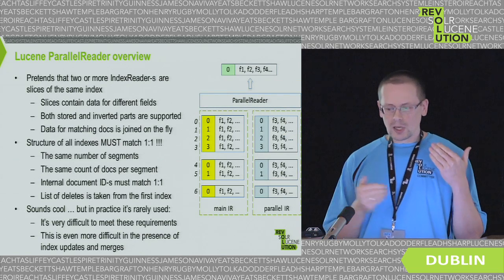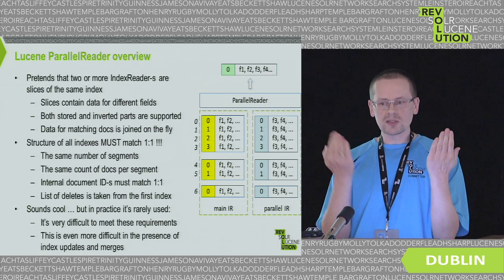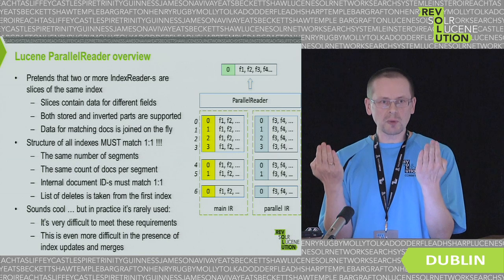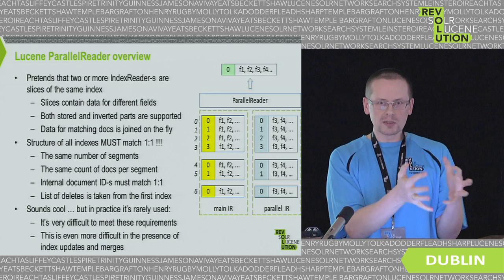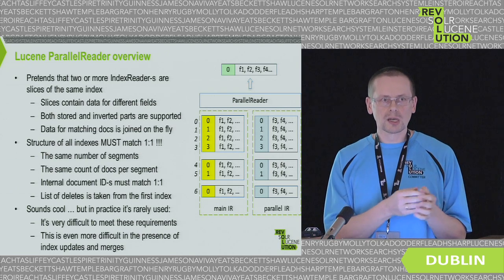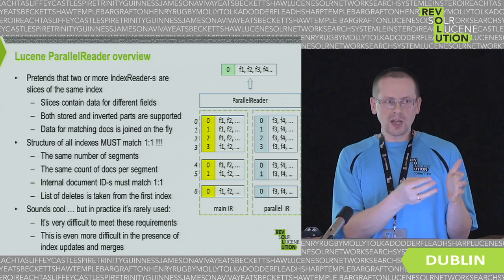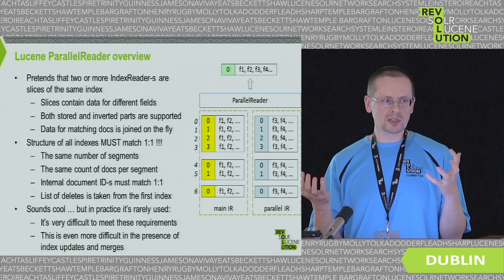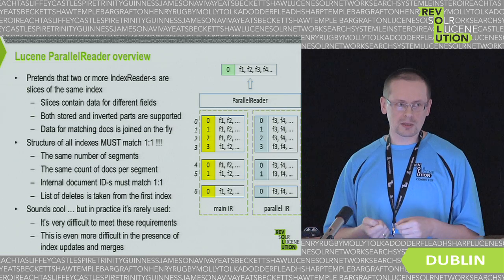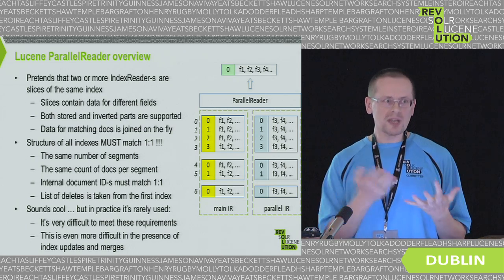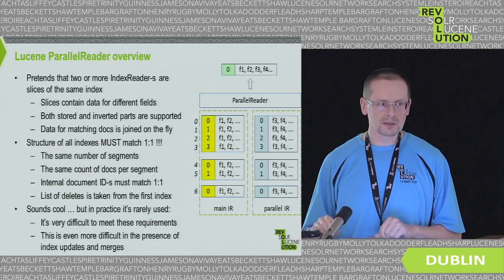Well, as you remember, we are facing the challenge of having two different sets of fields in the documents, or two different parts of every document that are updated under different schedules. So we have the main content. Let's say we have the body of the document that we have indexed, and then we have a set of metadata that is changing at a different schedule. Let's say it could change overnight, right? And then we don't want to reprocess every document from scratch. We would just like to update a part of this document. Okay?